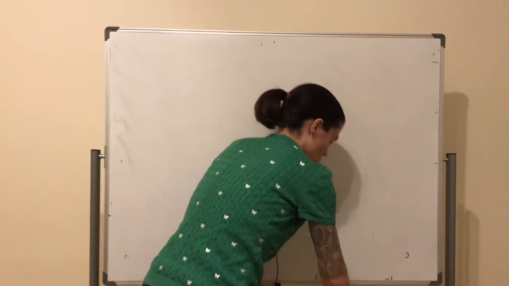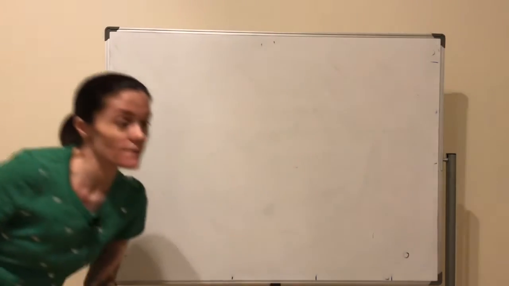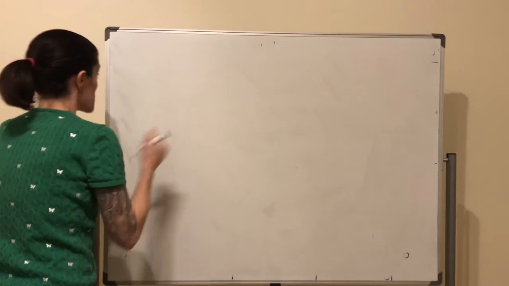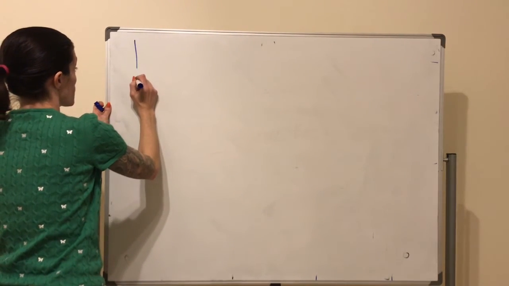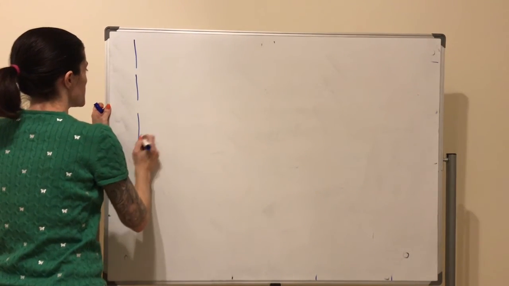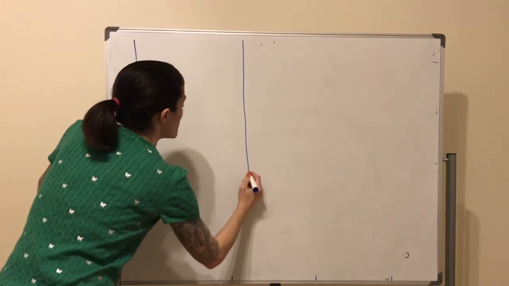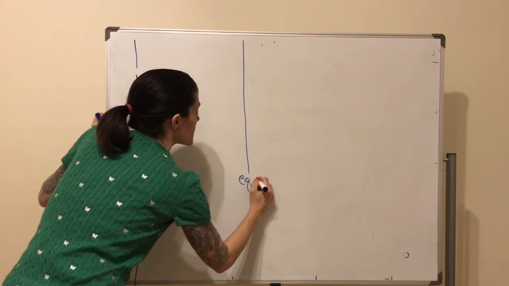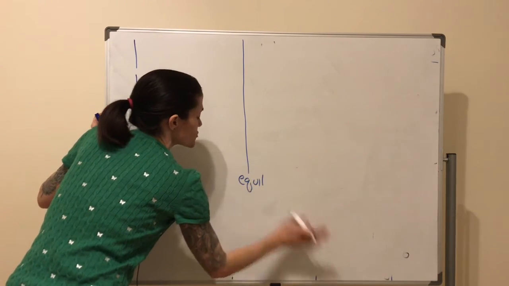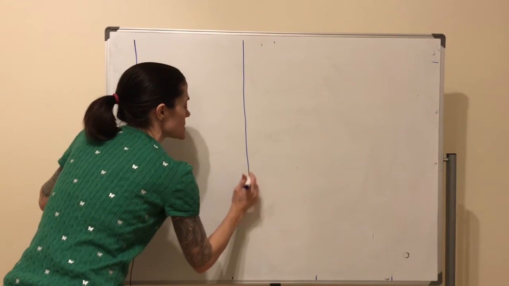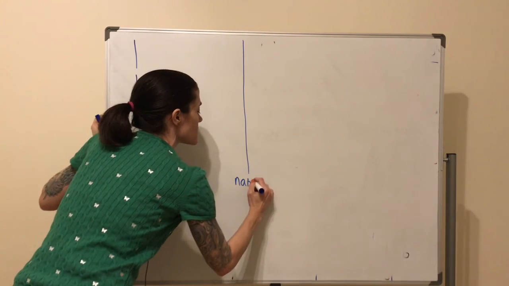Let me draw a few pictures of the spring. So we have 3 springs, and they will all have the same equilibrium here, or I'll say its natural position. This is the spring's natural length.